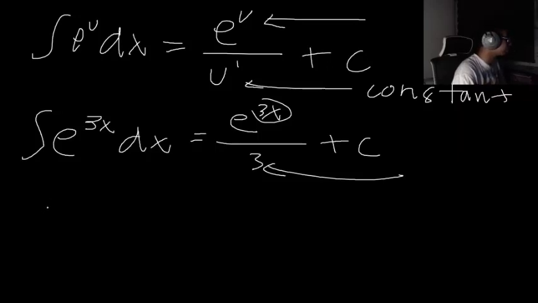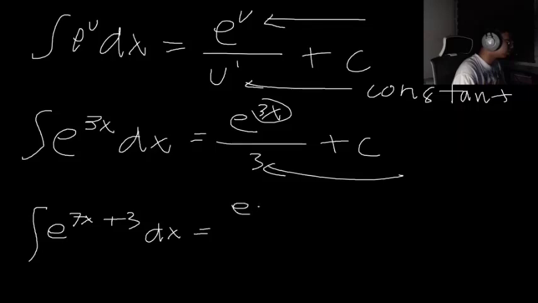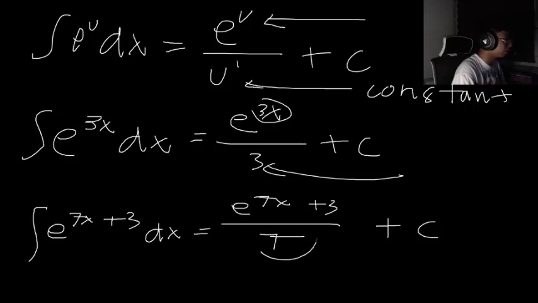Another example is e raised to 7x plus 3 dx. Don't forget the dx. So we write e raised to 7x plus 3, then the derivative of 7x plus 3, which is 7, plus c. Again, the denominator is constant, so the answer is correct.